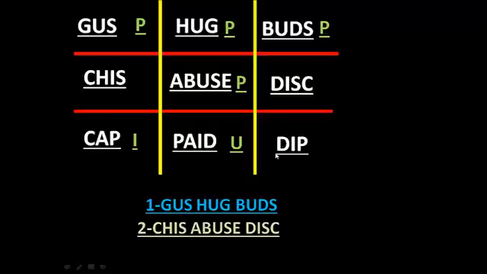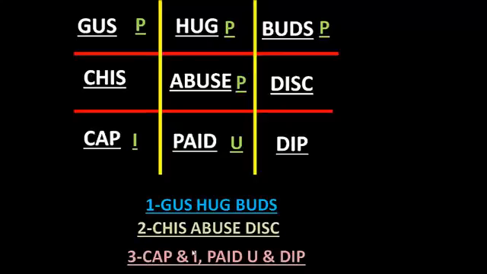D is going to stand for diverticular disease, I is going to stand for inguinal hernia, which is going to be presented as groin pain, and P for pelvic pain, which is going to be presented due to gynecological problems, as I already mentioned. So what's the sentence for the last part? It's CAP and I PAID U DIP. So we put a DIP for CAP, and it's me and CAP who paid for it.